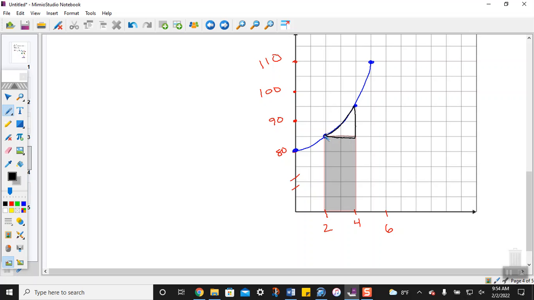Now the question says, what happens instead of going every 2 seconds, we went every what? Okay, kind of imagine this. Imagine, and we'll draw this in here, instead of going every 2 seconds, we did left-hand sums every 1 second. So in other words, instead of going from time 2 to 4, every 1 second would go from time 2 to time what? 2 to time 3. So you would have a box that did this.